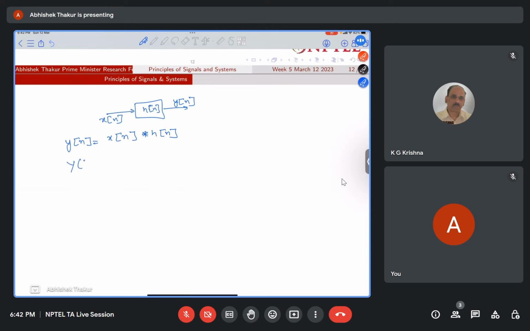In the Z transform domain, Y(z) is equal to X(z) into H(z), and the transfer function H(z) is output by input, that is Y(z) by X(z). So H(z) is the transfer function, just the ratio of the Z transform of the output to the Z transform of the input signal.